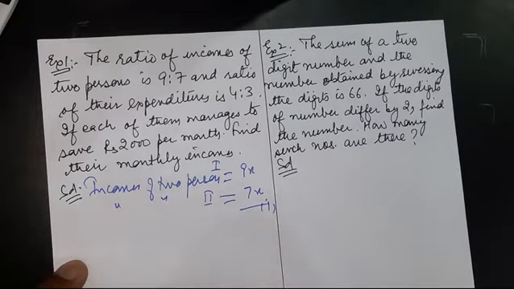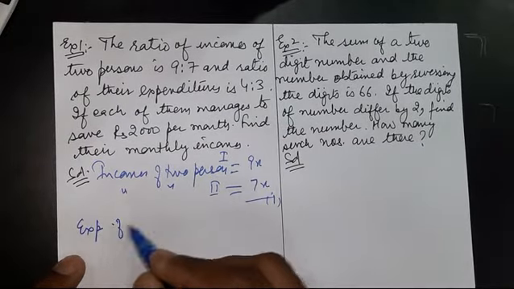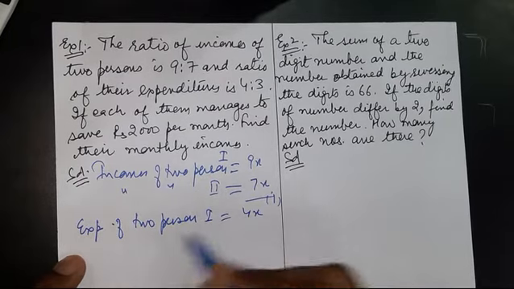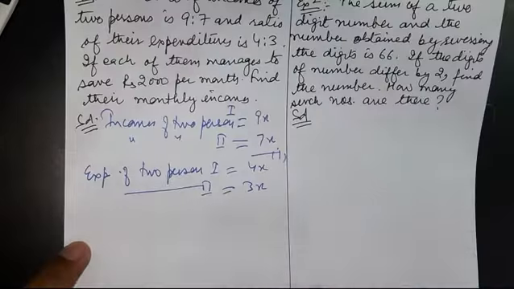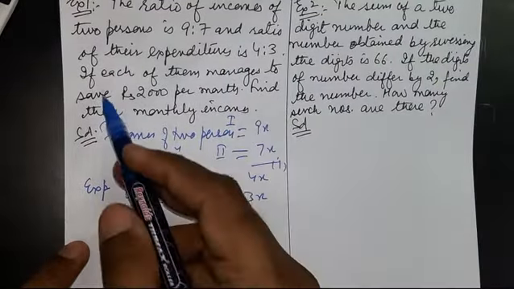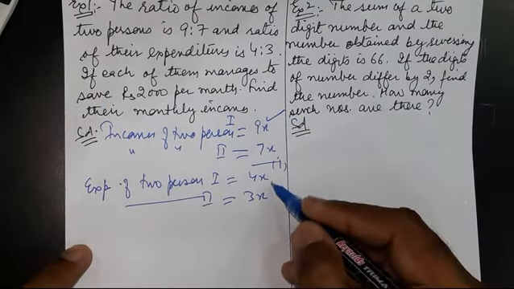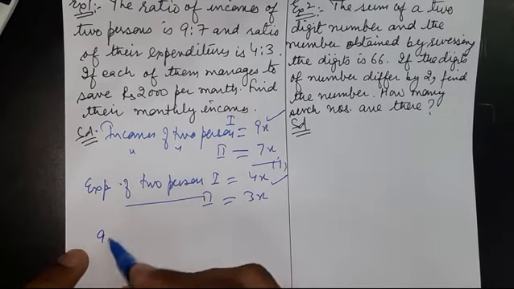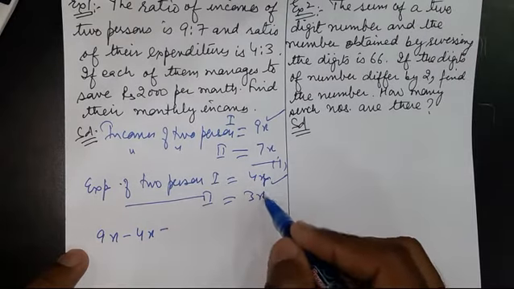Got it? Now the ratio of expenditure, so the expenditure of the two persons will be 4x and the second person can be 3x, like this. So both, if each of them manages to save 2000, that means if you take the difference of income and expenditure of the first person, he saves 4y.